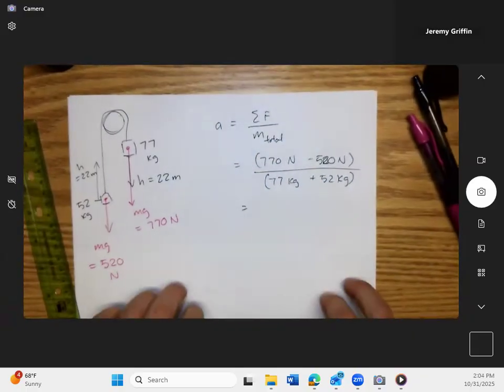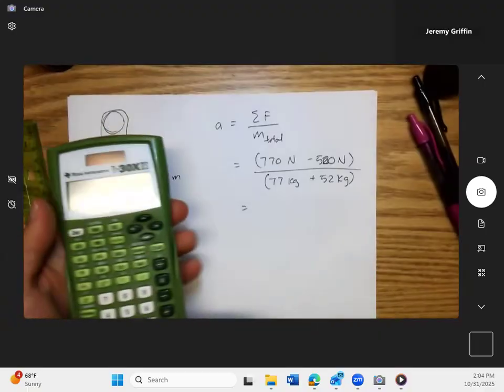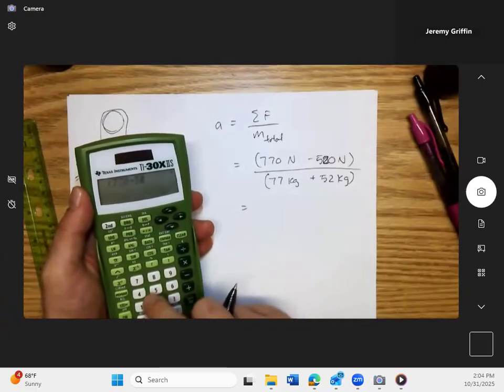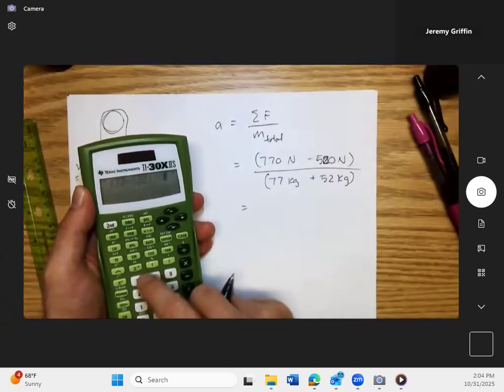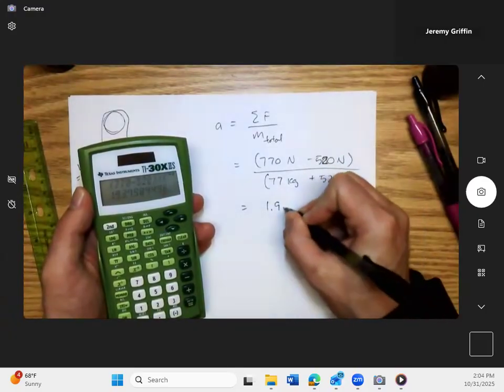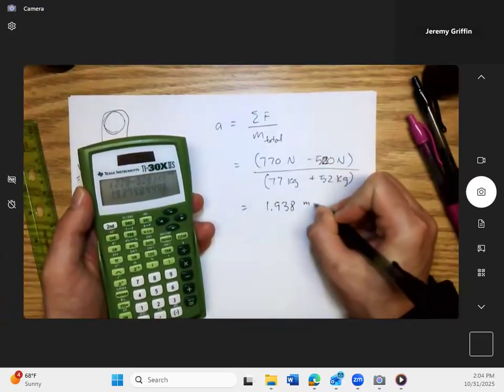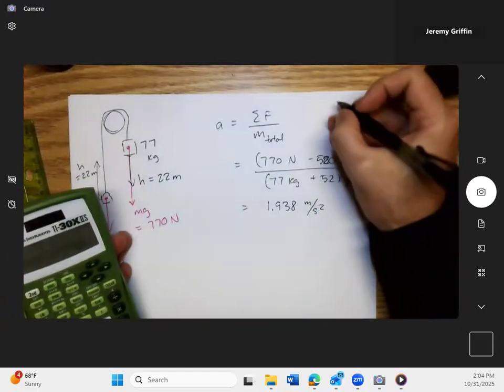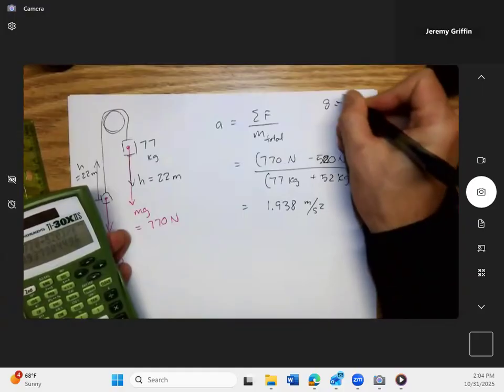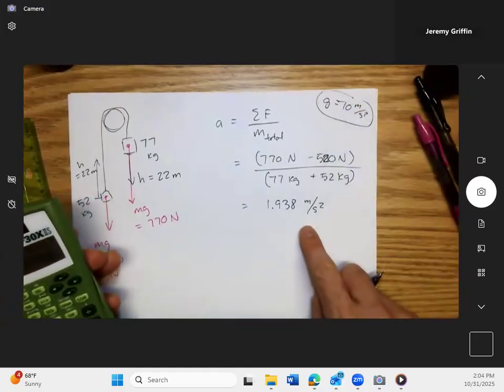So try that. 770 minus 520, and then over 77 and 52. I'm looking at 1.938 meters per second squared. Okay, this is all using g equals 10 meters per second squared. So I got that acceleration.